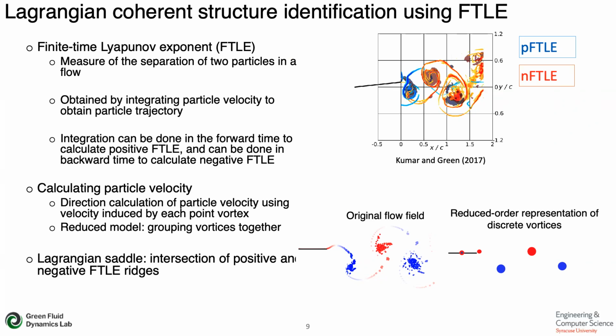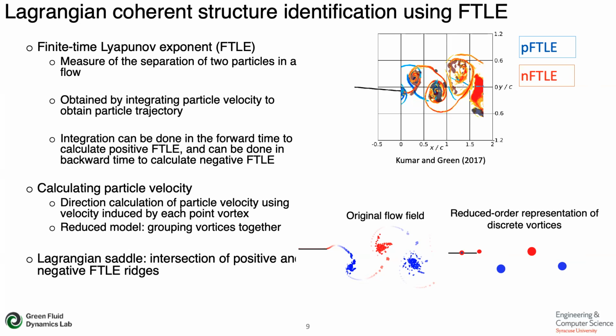And since the number of point vortices can be quite large, the FTLE calculation can be computationally very expensive. To alleviate this issue, I am constructing a reduced order representation of the discrete vortices by basically combining them into larger vortices, as shown in the images in the bottom right here. Now, the particle velocity integration can be done either in forward time to calculate positive FTLE ridges, or in backward time to calculate negative FTLE ridges.